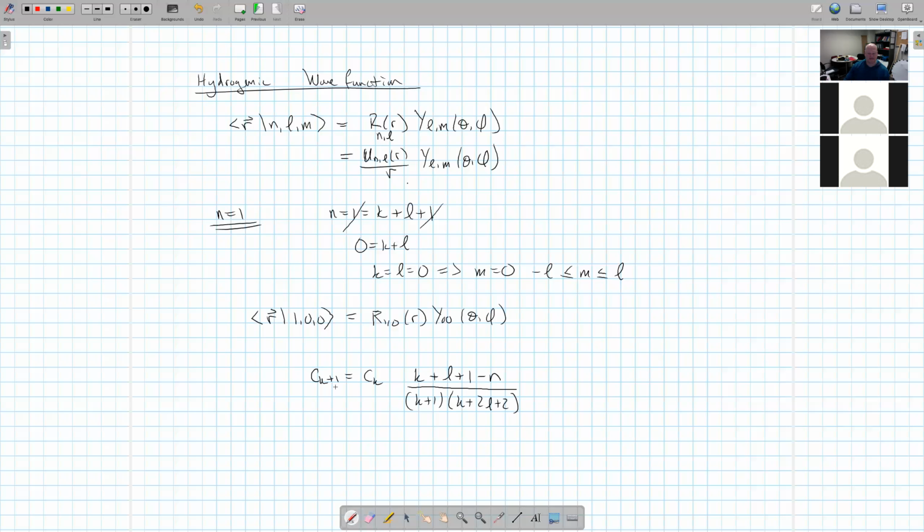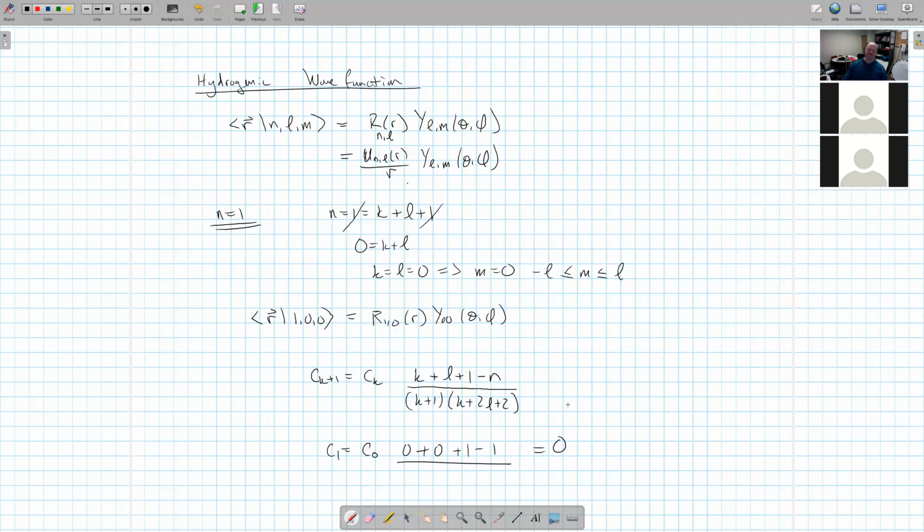So for us, that means C_1 here is going to be equal to C_0, we know k is equal to 0 so we start off at 0, times (0 + 0 + 1 - 1), all divided by stuff. Oops, that should be a 1 and an n. Which is equal to 0.